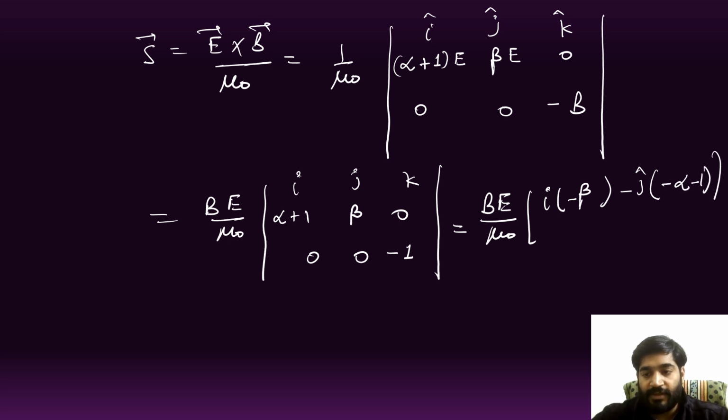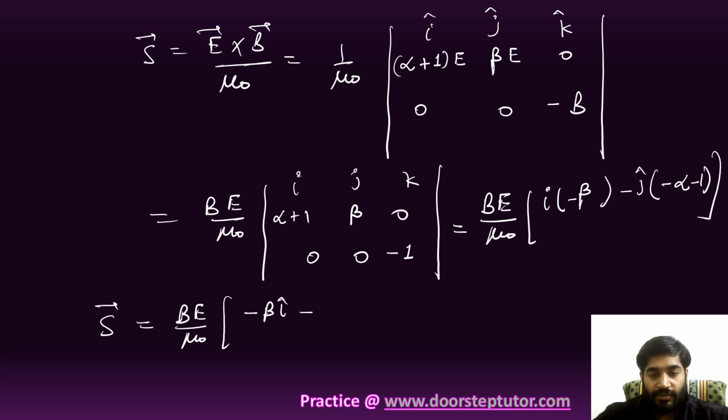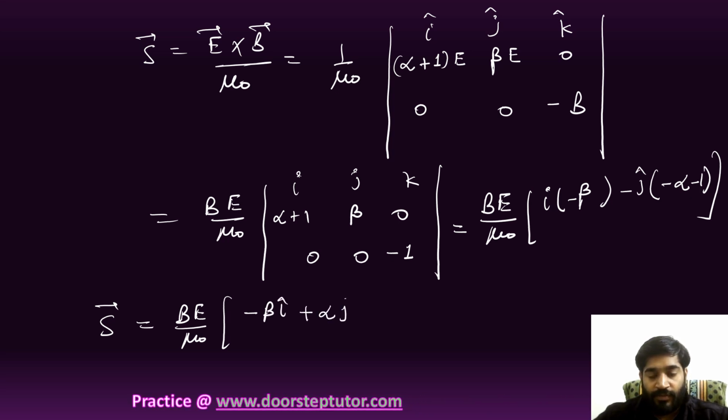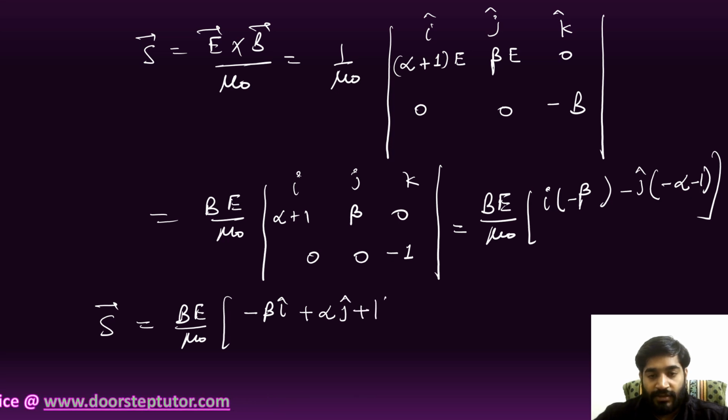Simple, this one. Okay, so J cap is going to be the minus times of alpha plus 1. Now we can simply solve this, so it's B E over mu naught, and it is going to be minus beta I cap plus alpha plus 1 J cap. Because of the minus sign, we write it in this better form, alpha plus 1 J cap.